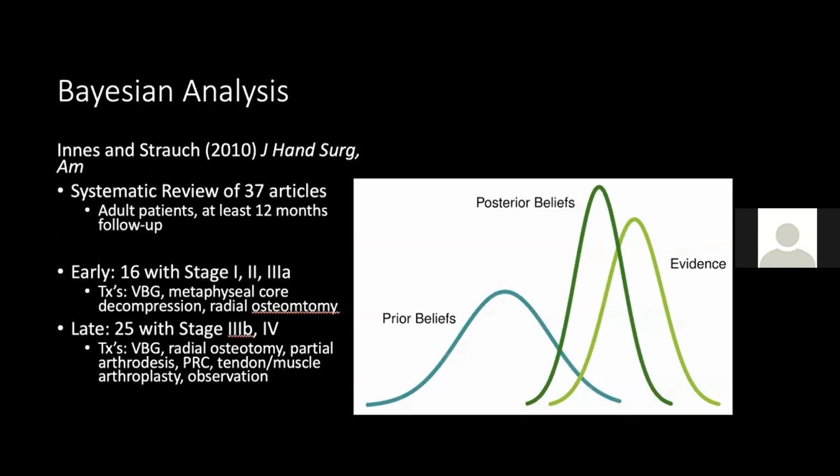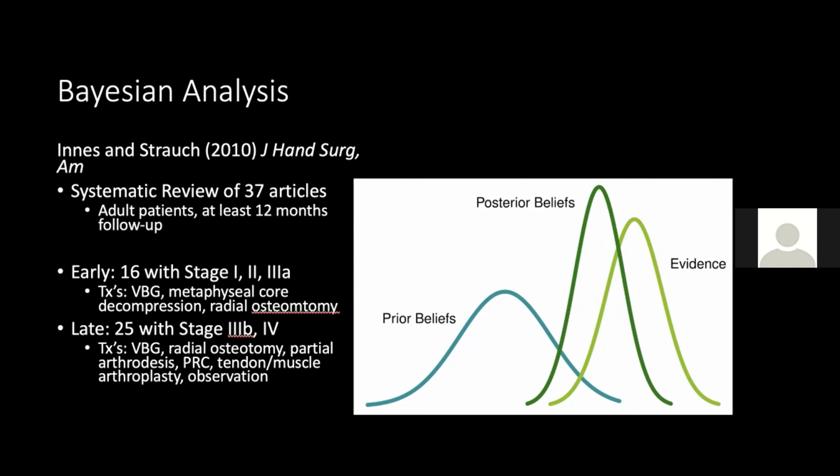One published study has tried to address these deficits using a different form of statistical analysis, in this case, Bayesian analysis, in order to evaluate outcomes following various treatments for Kienbock. The concept behind Bayesian analysis is that management of a condition may result in outcomes that fall along a bell curve of probabilities. With each study, that bell curve may shift slightly depending on what outcomes are ultimately observed.